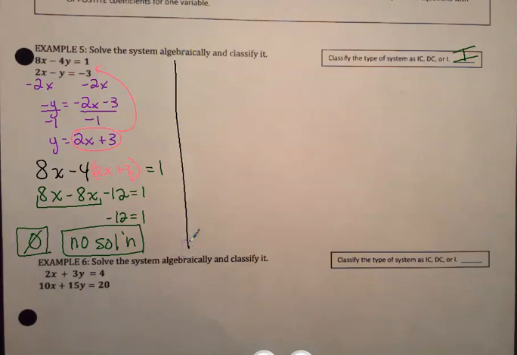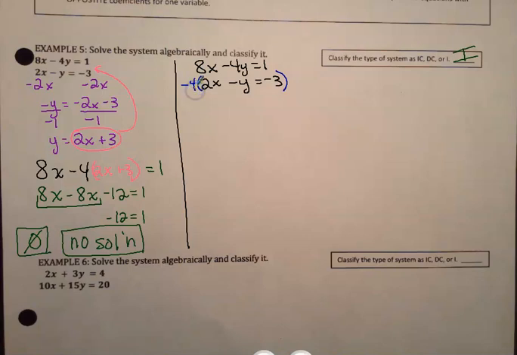If I did elimination, I have 8x minus 4y equals 1, 2x minus y equals negative 3. I have an 8x and a 2x. What would I multiply 2x by to get a negative 8x?